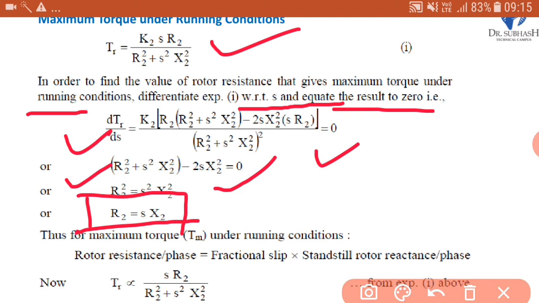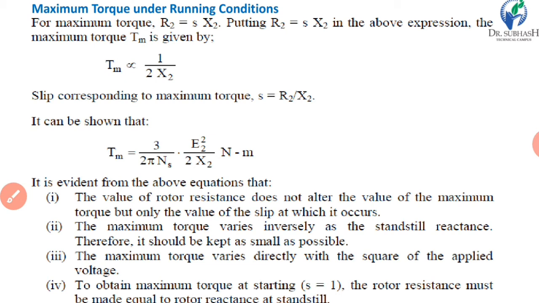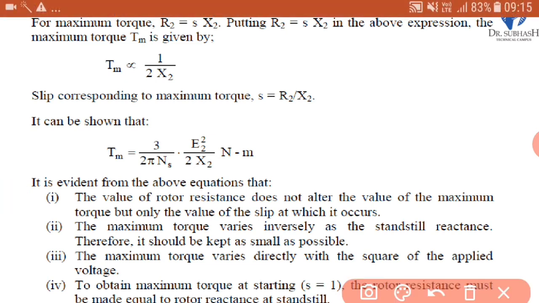Now, running torque is proportional to S into R2 upon R2 square plus S square into X2 square. For maximum torque, R2 is equal to S X2. Putting R2 equal to S X2 in the above expression, we get maximum torque proportional to 1 upon 2X2.